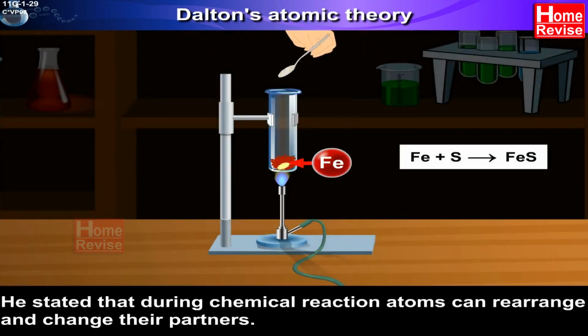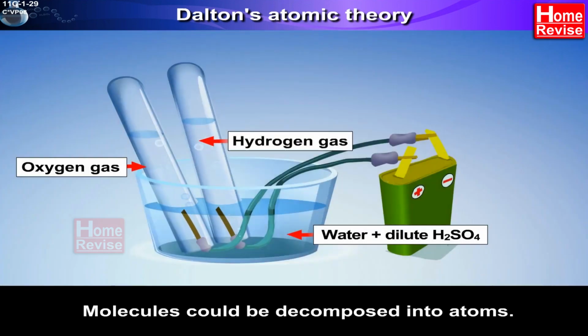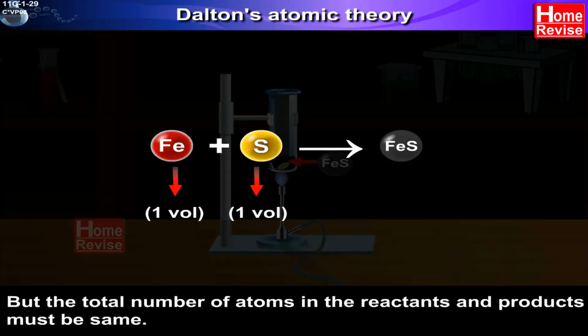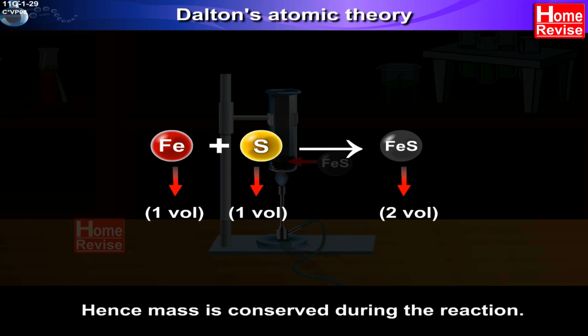He stated that, during chemical reaction atoms can rearrange and change their partners. Molecules could be decomposed into atoms. But, the total number of atoms in the reactants and products must be same. Hence, mass is conserved during a reaction.